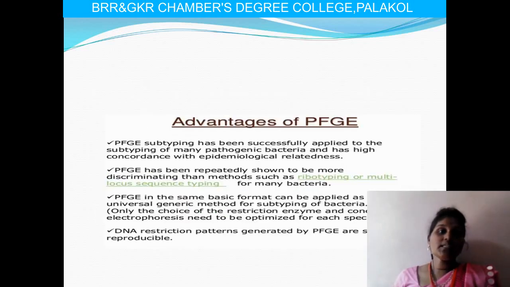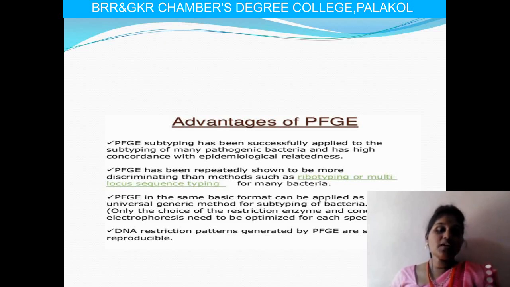Okay, the next one is the advantages of pulsed field electrophoresis. Subtyping has been successfully applied to many pathogenic bacteria, and has a high concordance with epidemiological relatedness. PFGE in its basic format can be applied as a universal generic method for subtyping different types of bacteria.